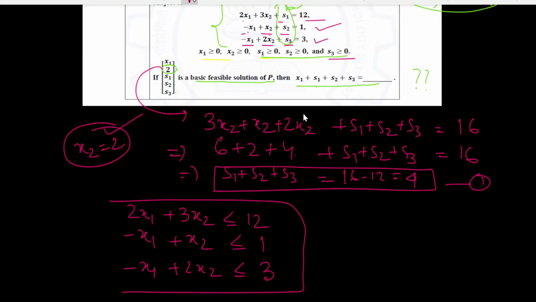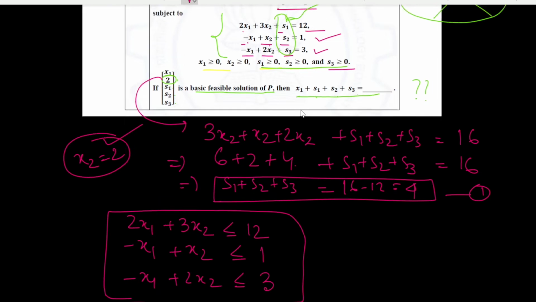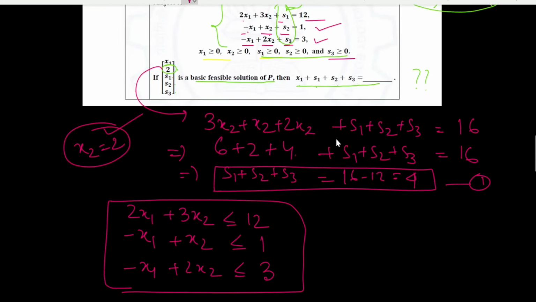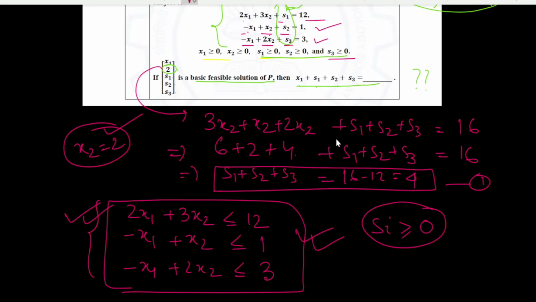Since the si's are greater than or equal to 0, we can drop these variables and convert the equal to sign to less than or equal to type inequalities. Now we solve for these three constraints and then find the solution for which x2 equal to 2 is satisfied.